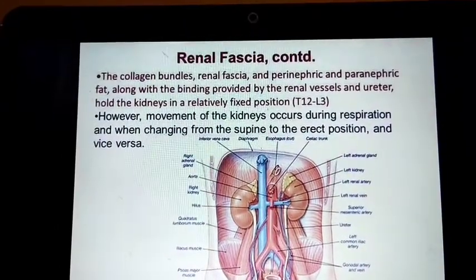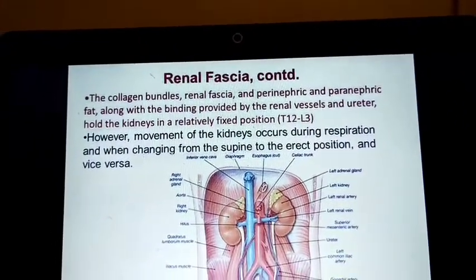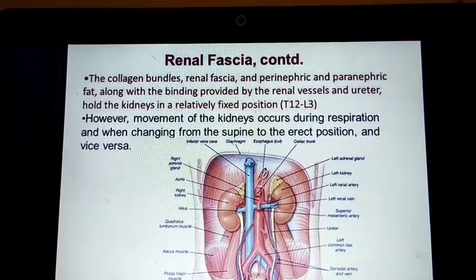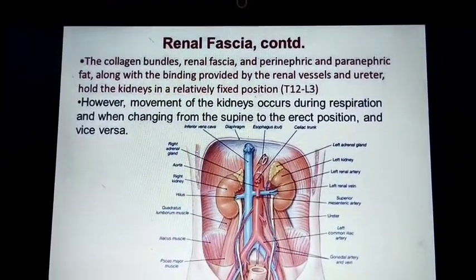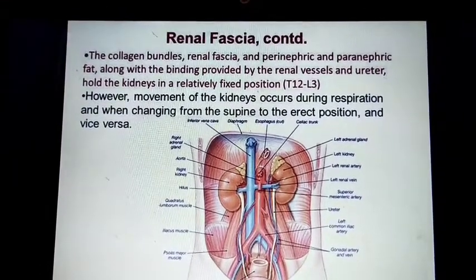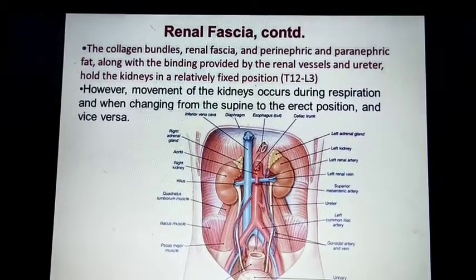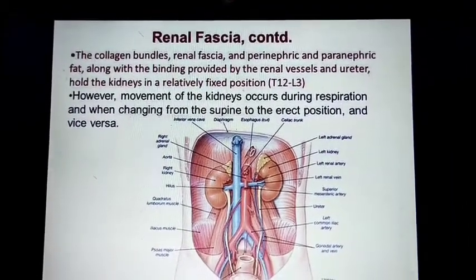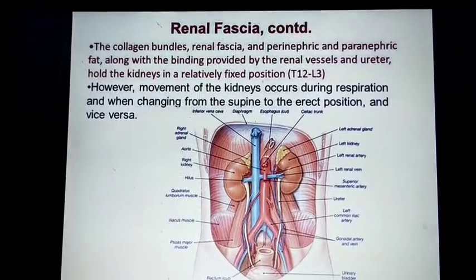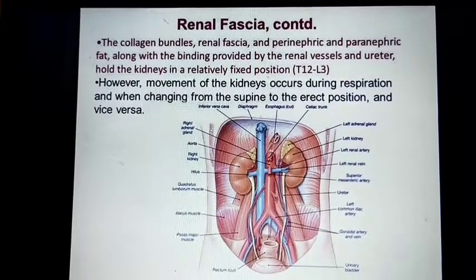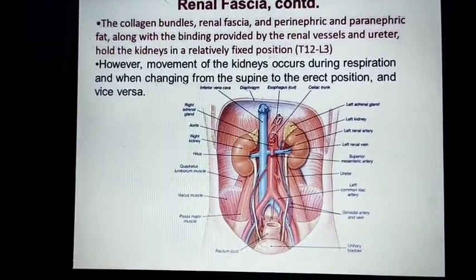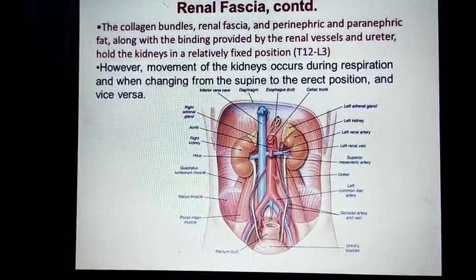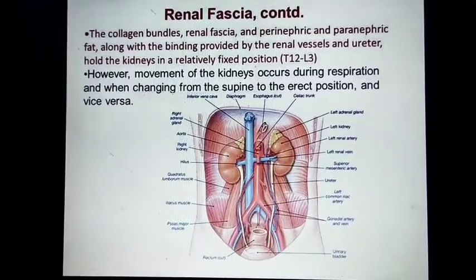Now, what is renal fascia? The collagen bundles of renal fascia and the perinephric and paranephric fats, along with the binding provided by the renal vessels and ureter, hold the kidney in a relatively fixed position at the level of T12 to L3. However, movements of the kidney occur during respiration and when changing from the supine to the erect position and vice versa.